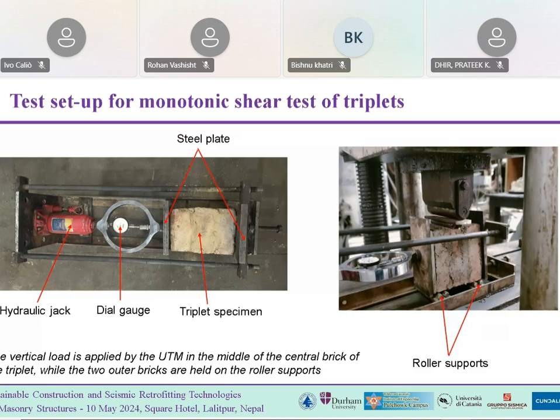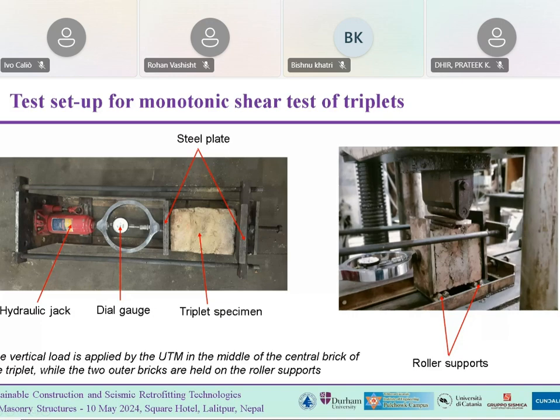On your right side, you can see the hydraulic jack and dial gauge to measure the pre-compression load. Then you have the triplet specimen, sandwiched in between the steel plates. In the other figure, you can see that the triplet sample is supported on roller supports.